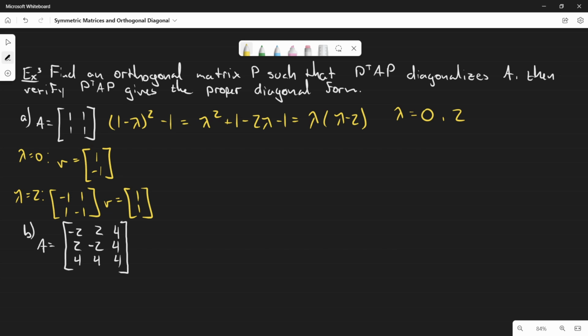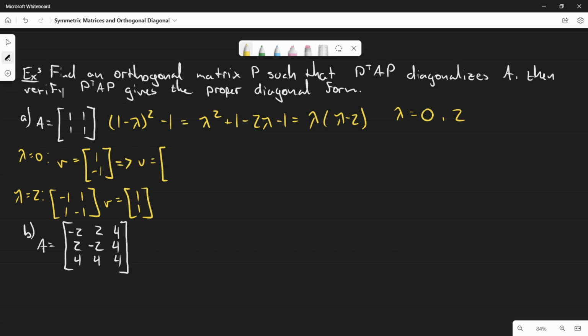Because we are looking for an orthogonal matrix, if you recall from the lecture, once we find our eigenvectors we have to convert them into unit vectors. For lambda equal to 0, the magnitude is the square root of 1 squared plus 1 squared, which is 2, so root 2.